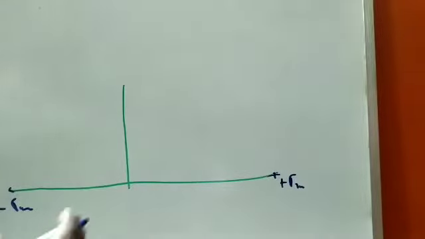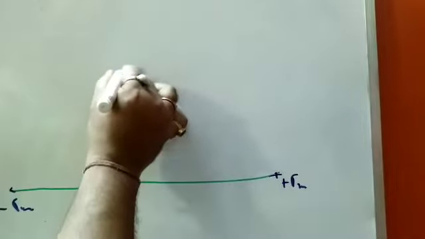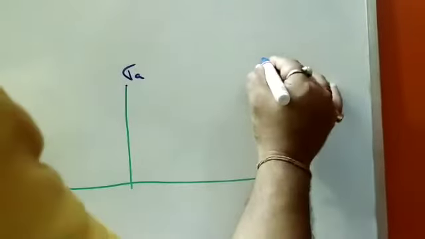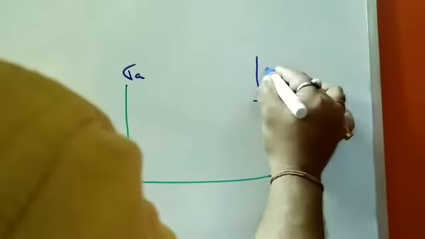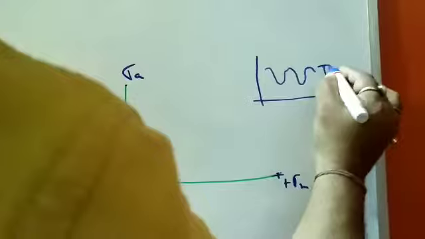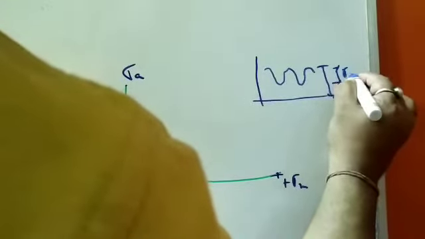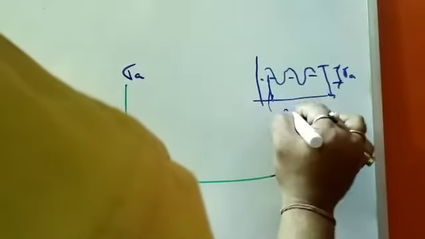Now this is the abscissa, and the ordinate represents the amplitude, because we have considered this sort of loading. I am showing you once more: we have considered this sort of loading where amplitude is present and sigma mean is also present.